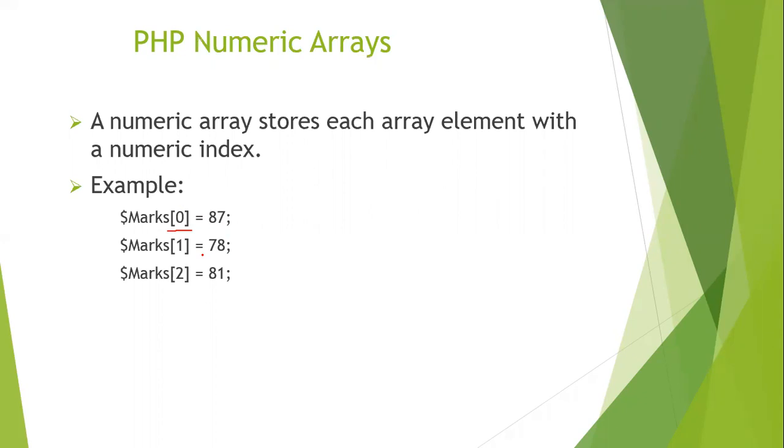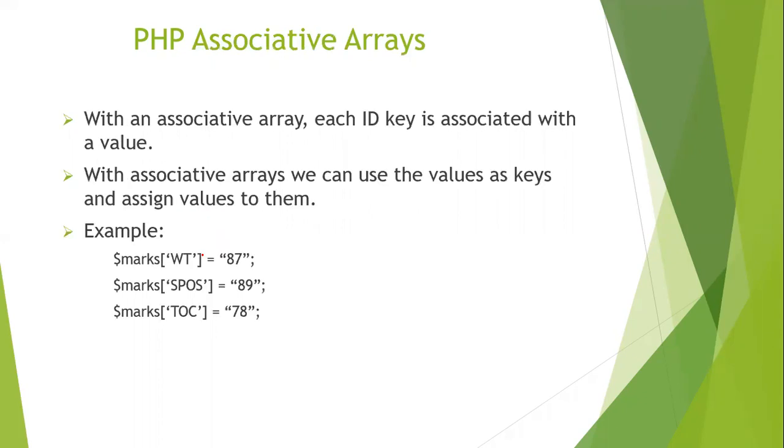Now, the second type of array is an associative array. When storing data about specific named values, a numeric array is not always the best way to do it. That is why there is a concept of associative array.